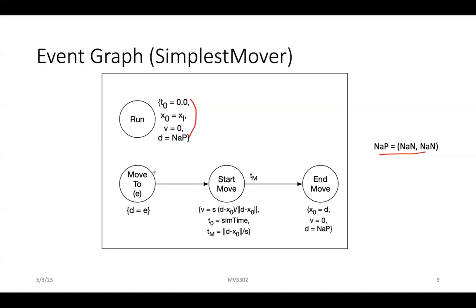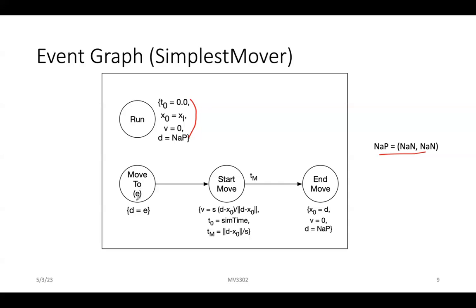So here's an event, move to E. So what is E? E is the place I want you to move to. So when the event move to E actually occurs, then my unit is going to, well, remember now what these event graph models do is they do what the state transitions say they do, not what the words say.